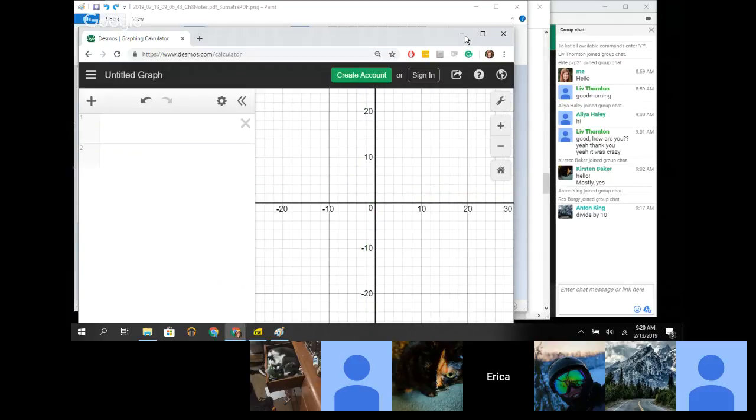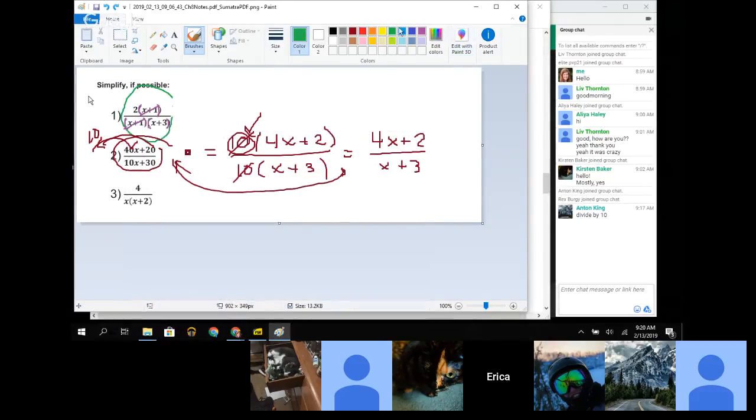All right, what about number 3? Number 3. So we have 4 divided by x times x plus 2. Can you simplify that at all?